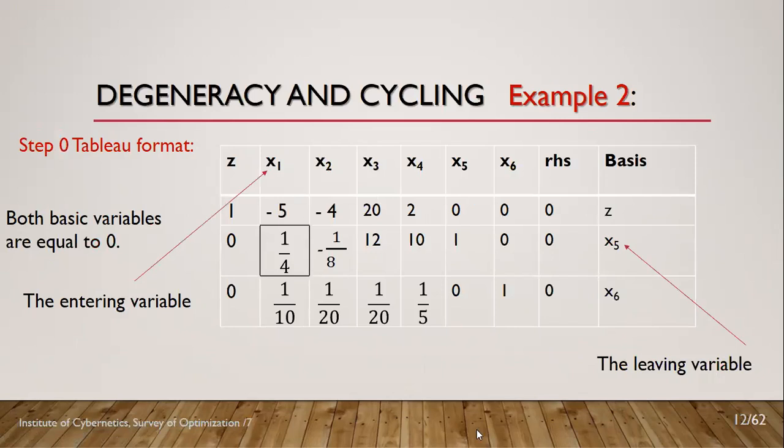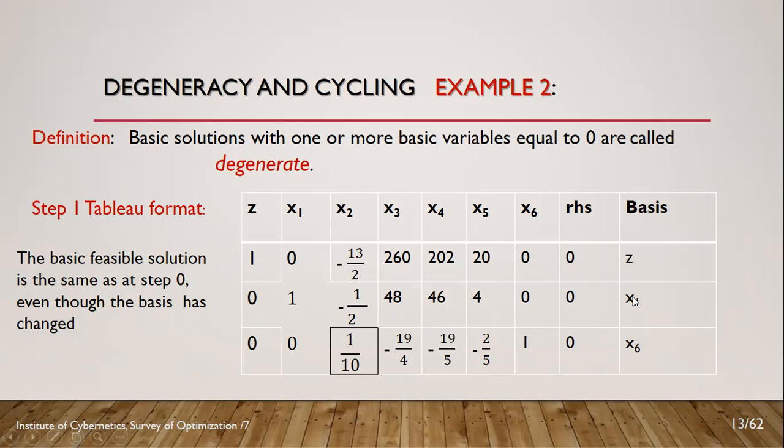Here the basis was x sub 5, x sub 6, but now it is x sub 1, x sub 6. First of all, basic solutions with one or more basic variables equal to 0 are called degenerate. Now let's continue the iterations and see what we obtain at the end.